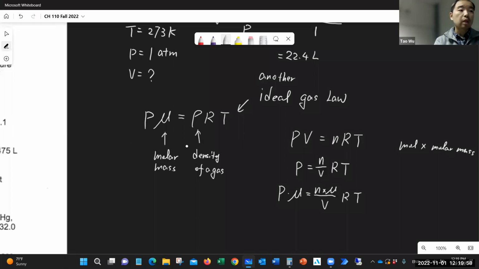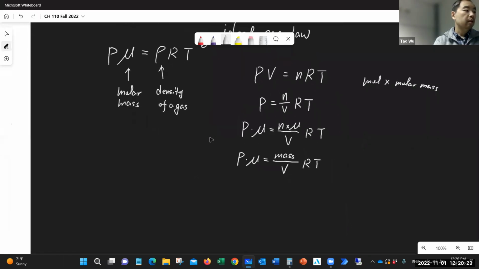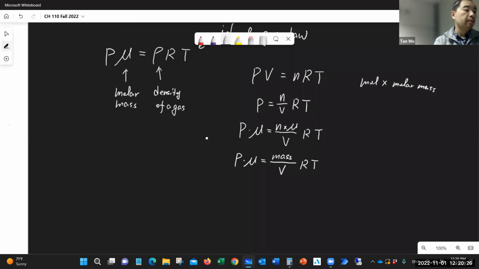So n times the molar mass, those two together, is the mass. So the pressure times the molar mass of the gas equals the mass of the gas over the volume of the gas, times R times T. And again, what is the mass over V?